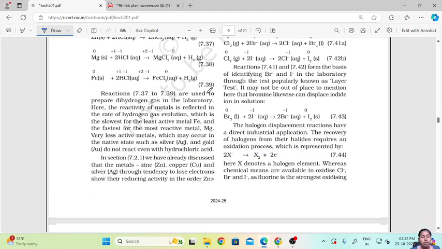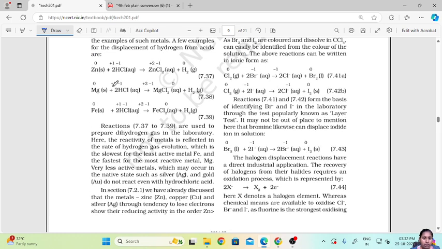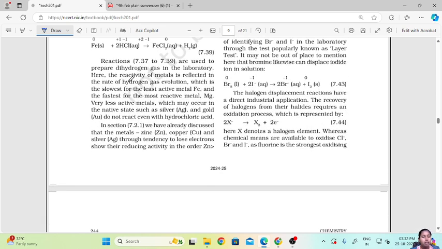Now, basically these reactions are used in laboratories for the preparation of hydrogen gas. Here the reactivity of the metal is reflected in the rate of hydrogen gas evolution, which is the slowest for the least active metal Fe.